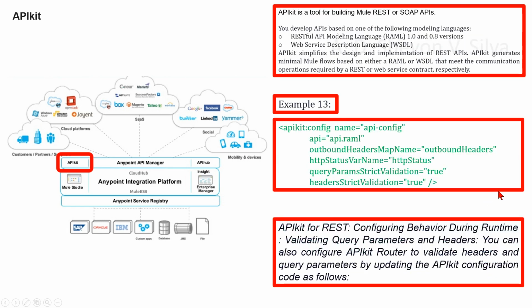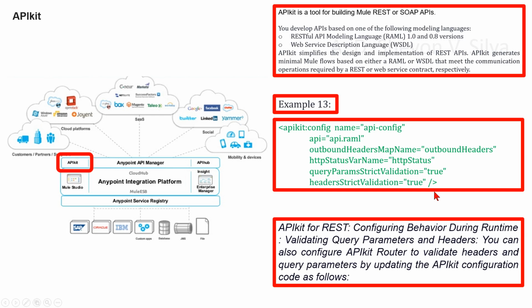Now we are considering validating query parameters and headers in configuring behavior during runtime in APIkit for REST. Configure the API router to validate headers and query parameters, restricting them to the attributes specified in your API specification. First, in this tutorial, select the APIkit router, then click edit your router configuration. 3.